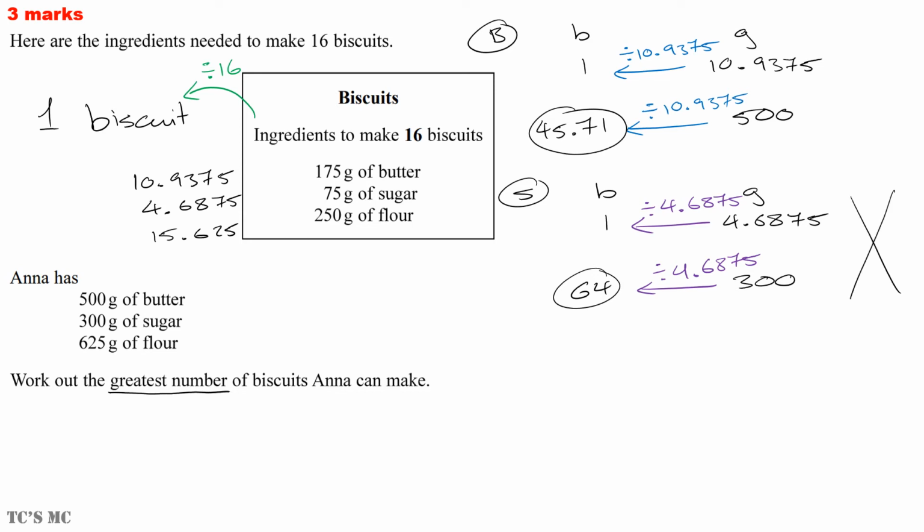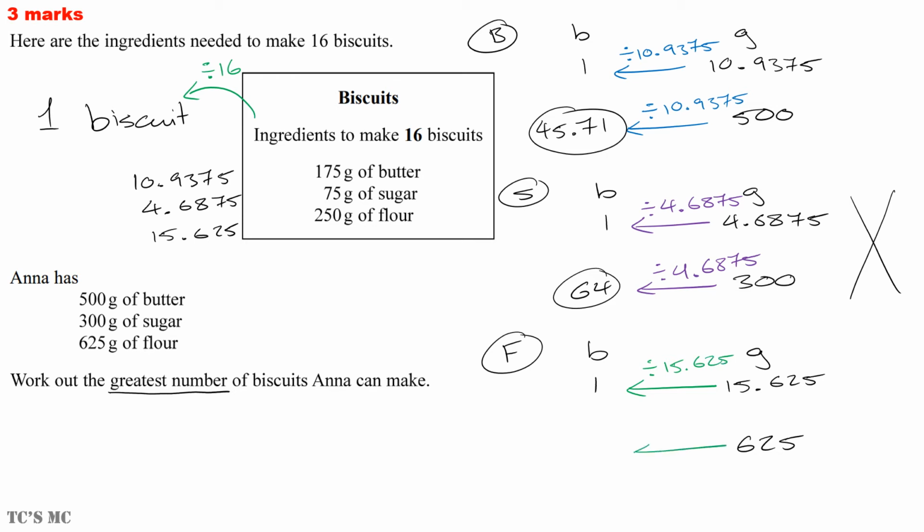Let's look at the flour. Again, biscuits and grams. One biscuit requires 15.625 grams. Anna has 625 grams. If we go backwards, we need to divide by 15.625.